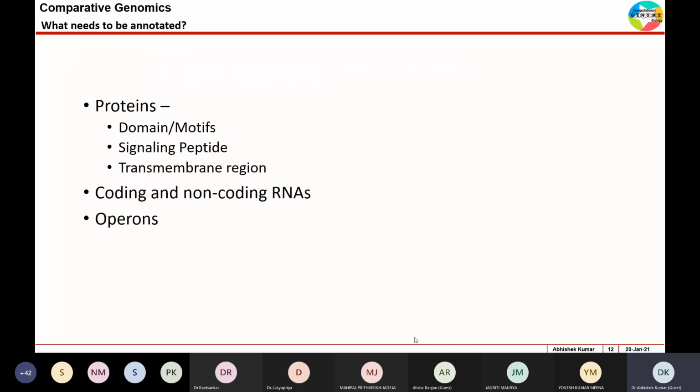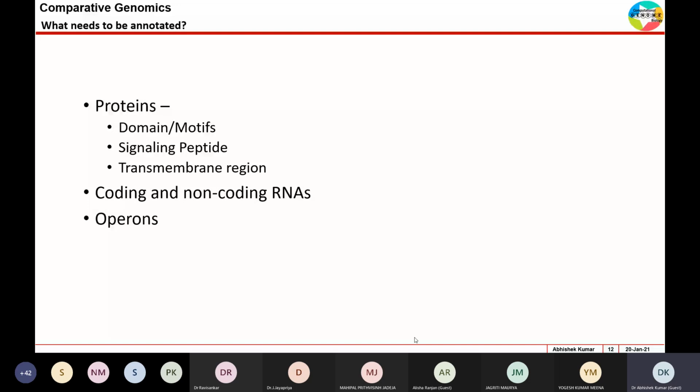Protein domain, signal peptide, whether a transmembrane domain is there or not, or how many proteins are kinases out of all proteins of an organism or all genes of the organism. How many are coding and how many non-coding RNAs are there? If it is prokaryotic, whether an operon exists or not, a critical functional cluster on the chromosome exists or not. So all these you need to annotate.